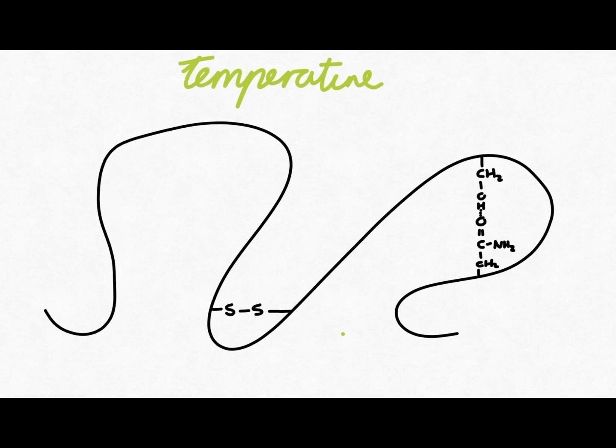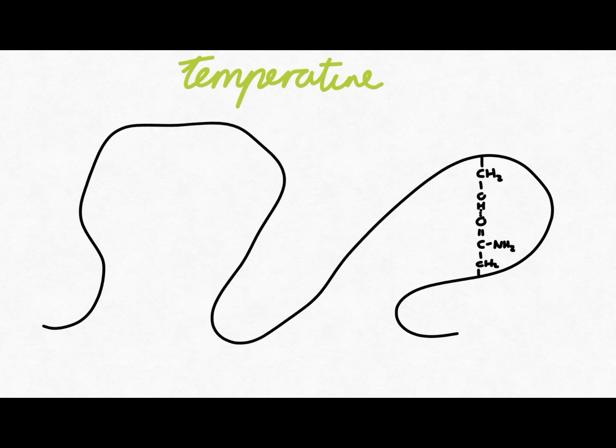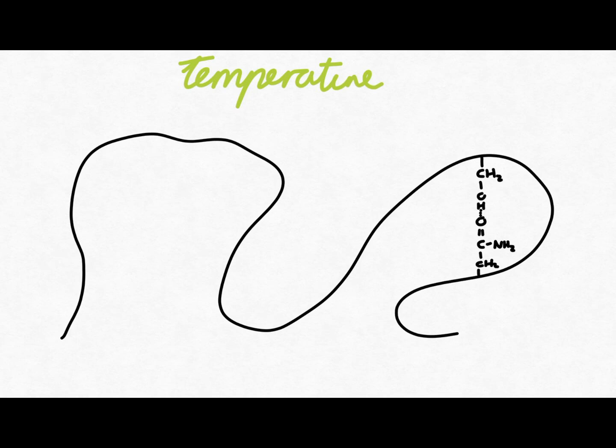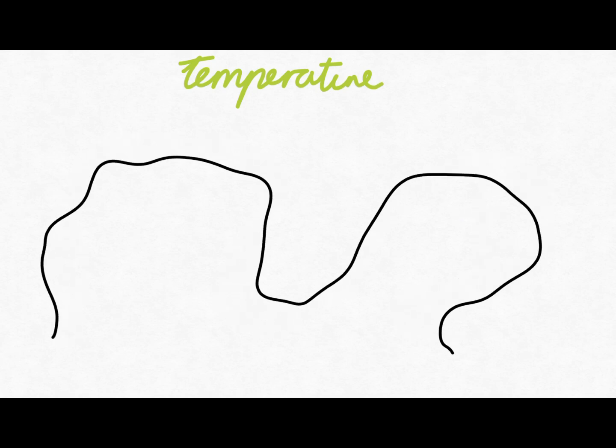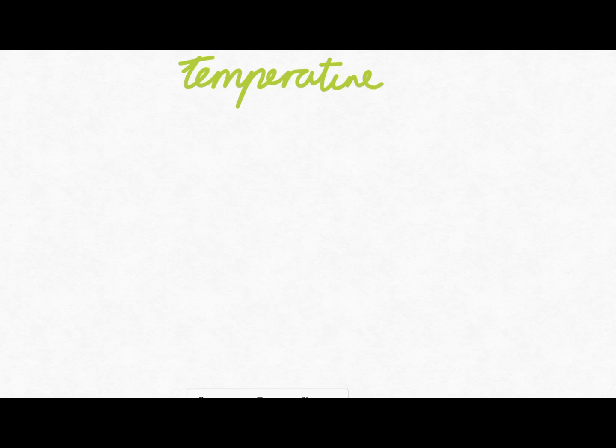Now, when the temperature is too high in an enzyme reaction, these bonds can break. And when these bonds break, it changes the enzyme's active site's tertiary structure. This will mean that the substrate will not be able to fit into the active site and no product will be able to form.